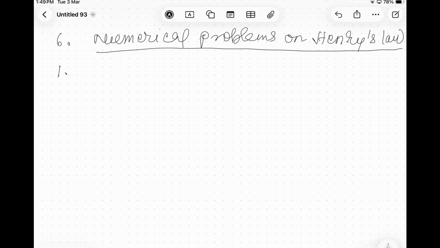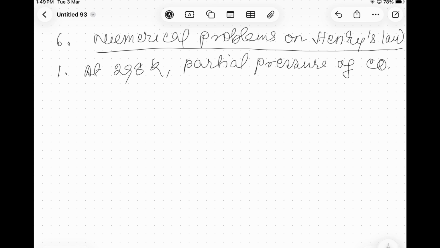Number 1. At 298 Kelvin, partial pressure of CO2 gas is 2 atm, atmospheric pressure.